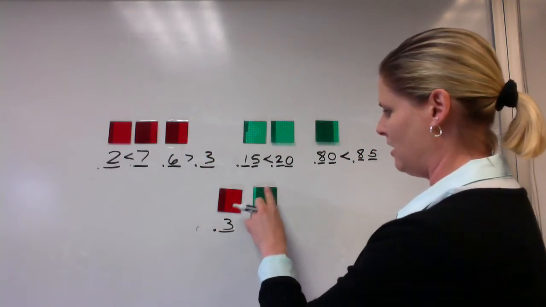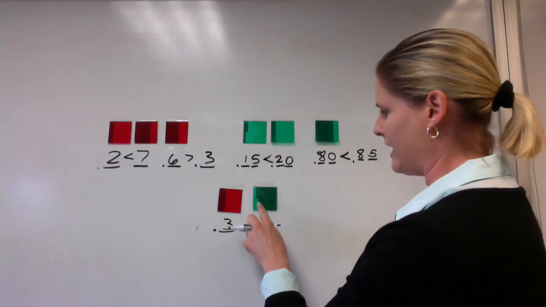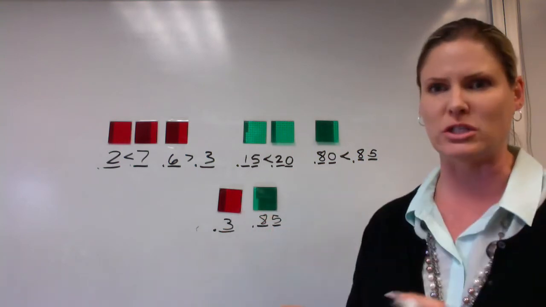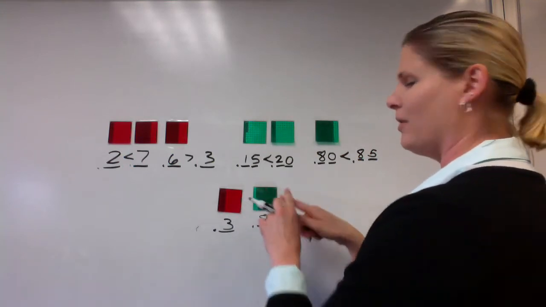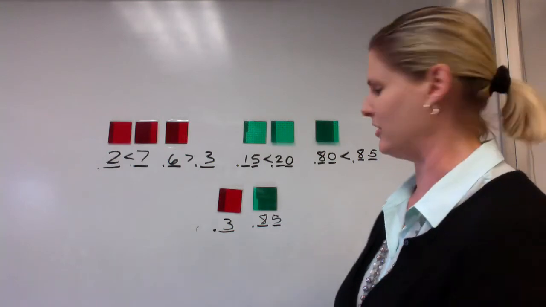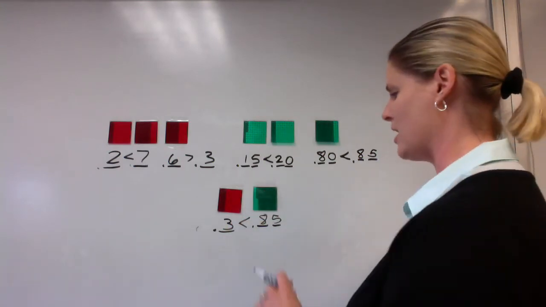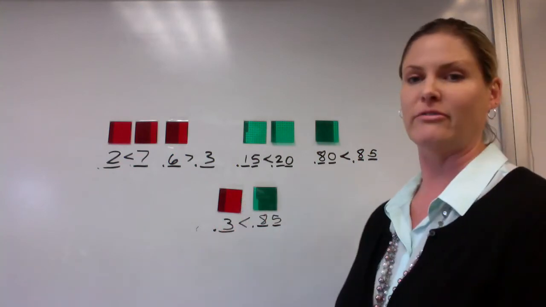In this one, hundredths, so I'm going to be doing 2 place values, and I've got 8, 81, 82, 83, 84, 85. Let's just look at the picture. Look at how much space is colored in here and how much space is colored in there. We want to see which one has the greater amount of space colored in. We do know that 85 is a whole lot more than 3. So we're going to say that 3/10 is less than 85 hundredths.